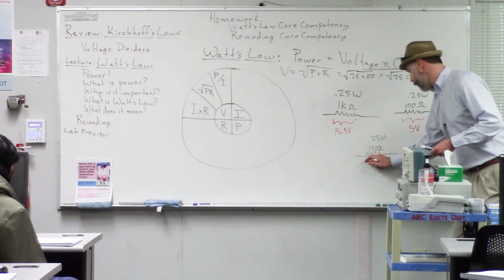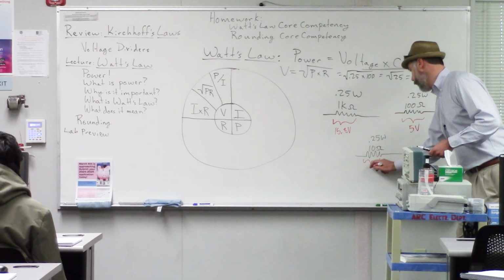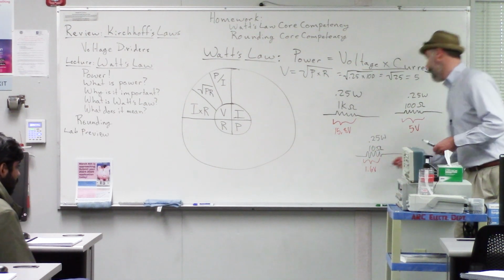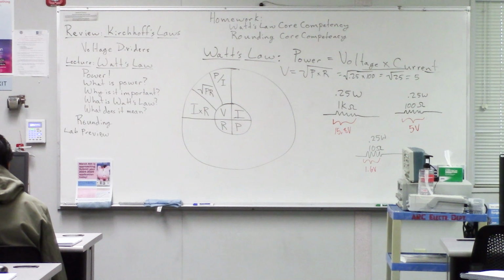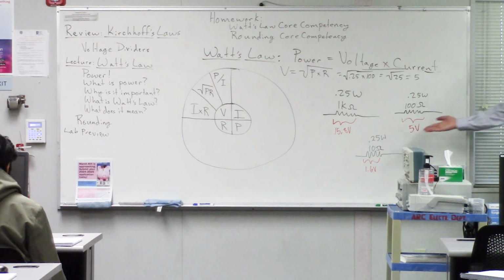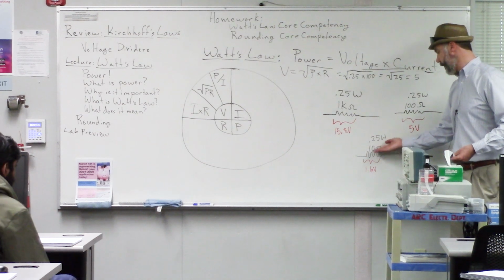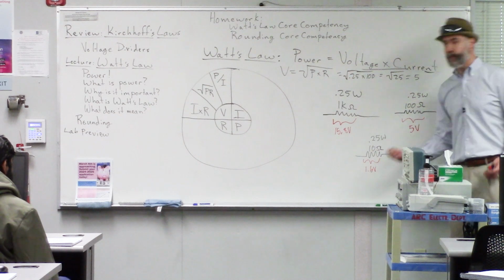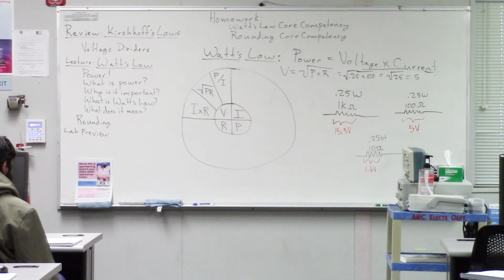So for a 10 ohm resistor, you can put less than 2 volts across it, about 1.6 volts, before it starts to overheat. So when the resistance goes down, its ability to handle voltage also goes way down, okay?